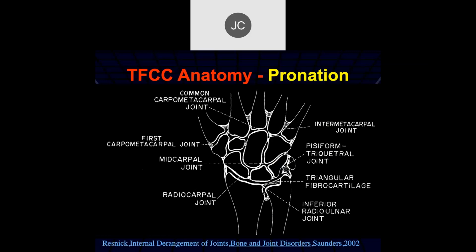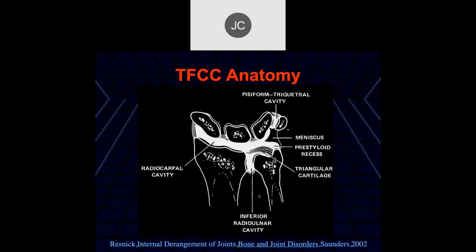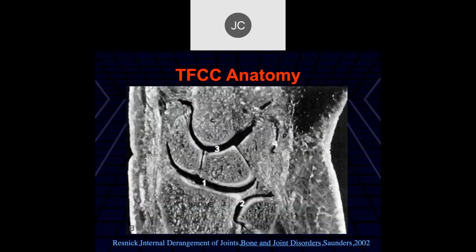On any sequence that shows cartilage, it is high signal intensity. And there's, again, a diagram, and this shows the distal radioulnar joint space, here called inferior radioulnar cavity. Here's the prestyloid recess, which we talked about being overextended if you do arthrography.